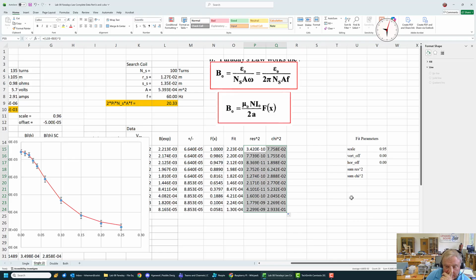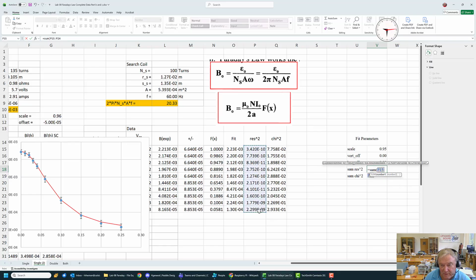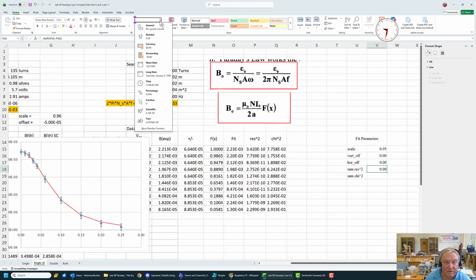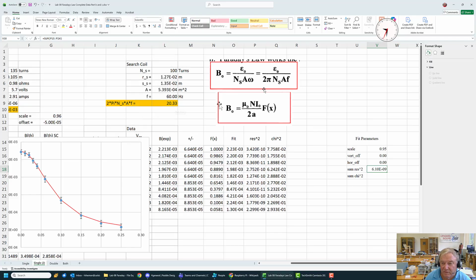Okay. So let's see. This equals sum of these guys. And I don't believe it, but oh, 0. Oh, of course, it's because it's too small to be represented at 2 decimal places. There we go.